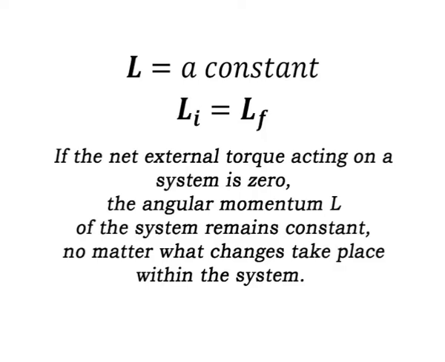These two equations are vector equations. As such, they are equivalent to three component equations corresponding to the conservation of angular momentum in three mutually perpendicular directions. Depending on the torques acting on a system, the angular momentum of the system might be conserved in only one or two directions, but not in all directions.